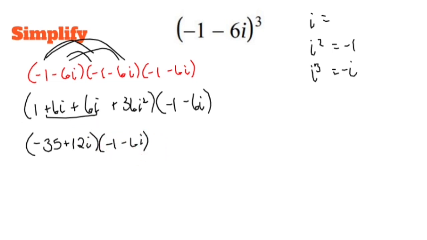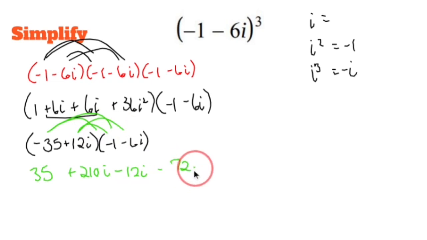Let's FOIL again. 35 plus 210i minus 12i minus 72i squared? Yes, 72i squared. Let's combine these. That becomes 208i.